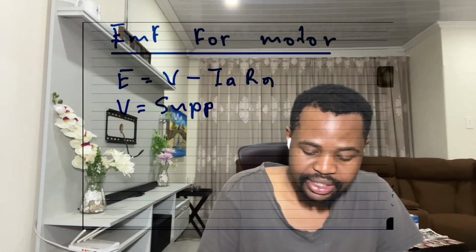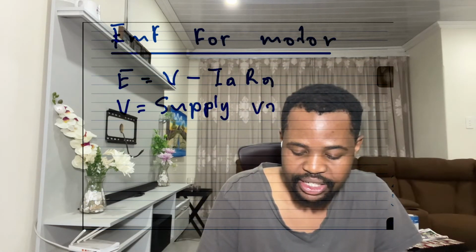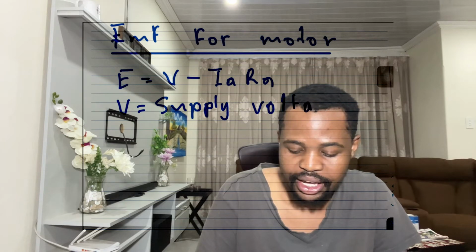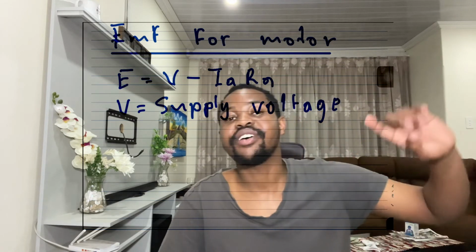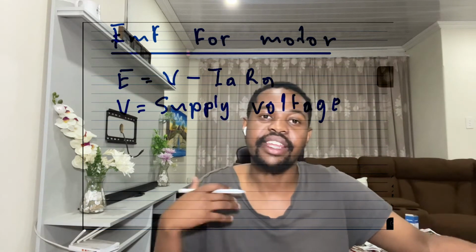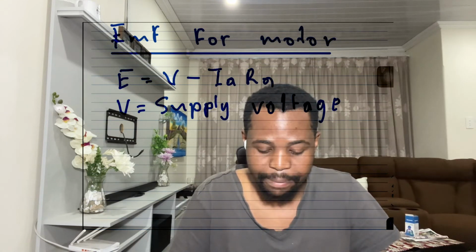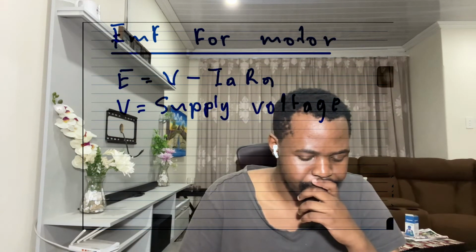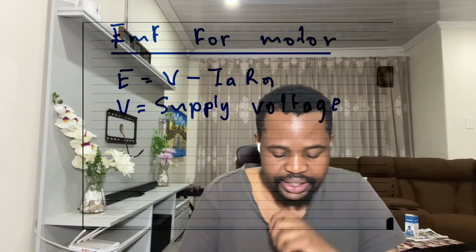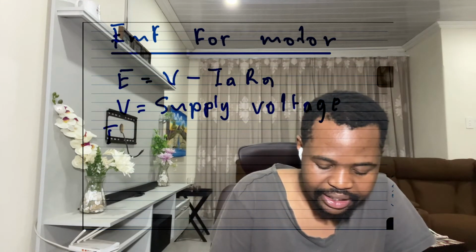So V is the supply voltage in case of the motor. In case of the generator, we said it's the terminal voltage.